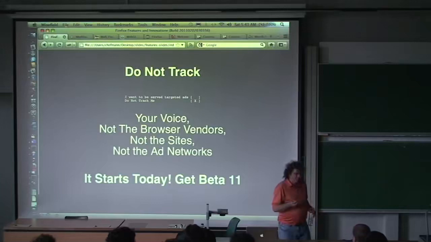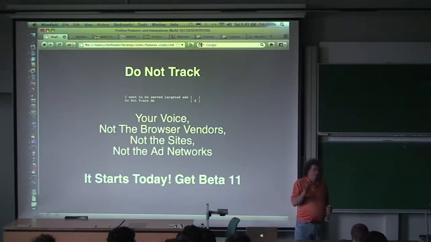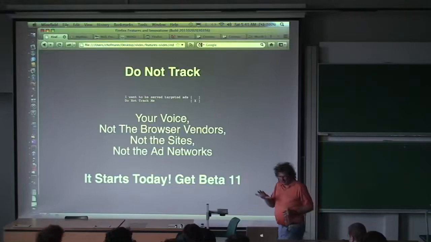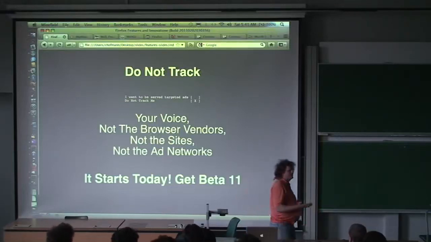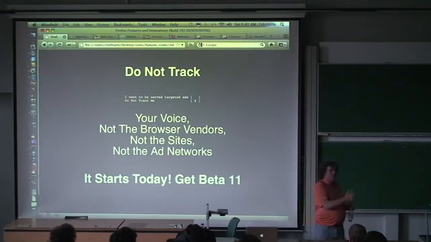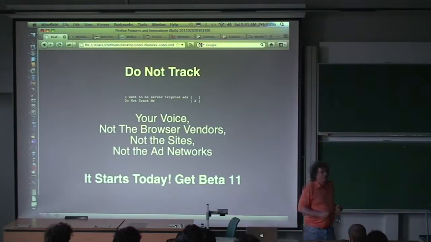So for those two things, we thought, well, since the default has kind of been to allow tracking, if we put do not track me as the default for every user, basically what we're saying is it's a message from Mozilla to all the websites to say, Mozilla thinks that this user doesn't want to be tracked.